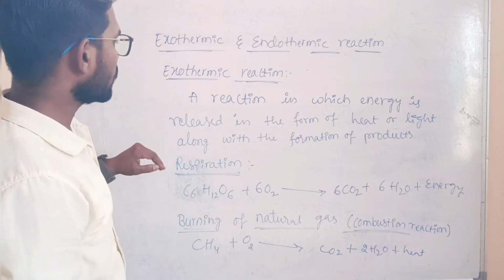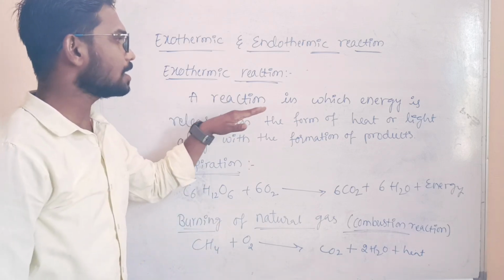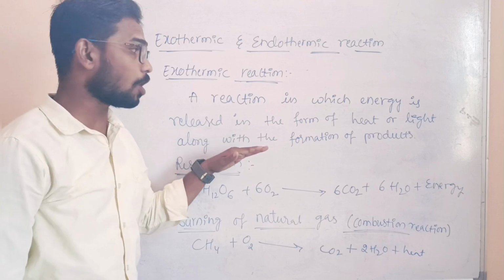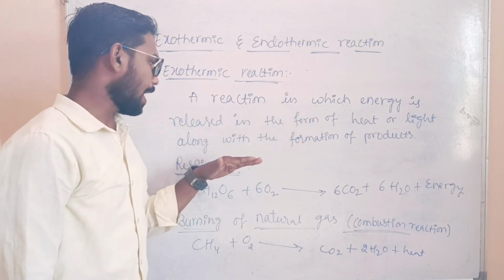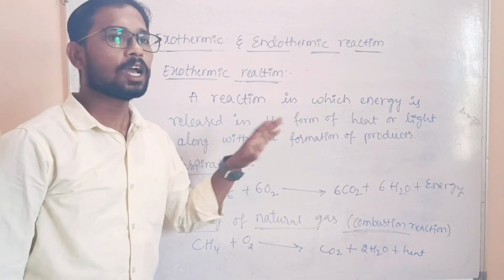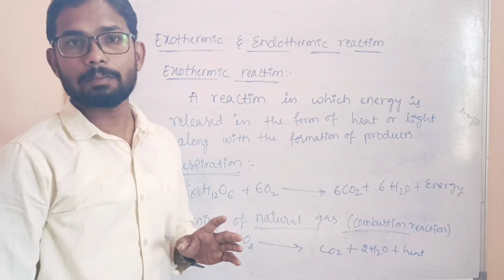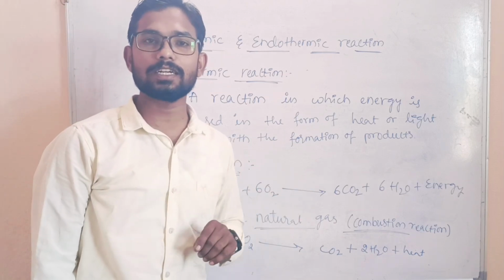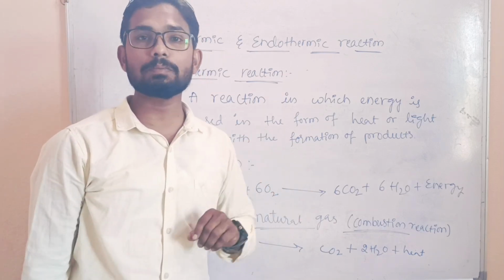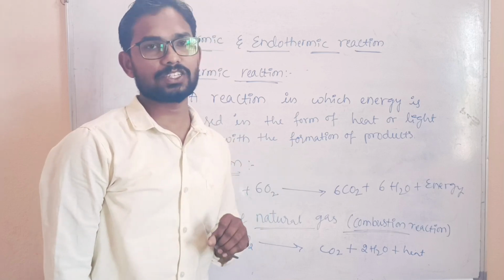Exothermic reaction means what? Exothermic reaction is a reaction in which energy is released in the form of heat or light along with the formation of the products. I am going to give you the example of the last class that already we studied, that magnesium ribbon. What happening in the case of magnesium ribbon?